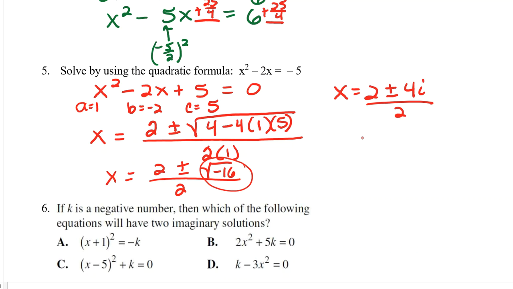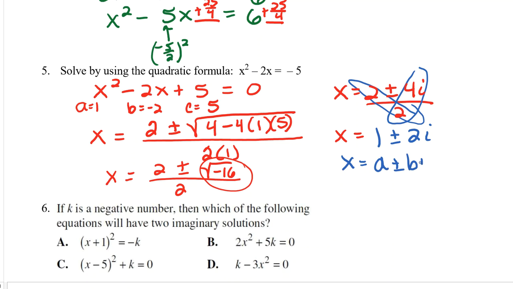And then I would like you to separate the real and the imaginary part. So I would like you to take 2 divided by 2 to get a 1, and then 4i divided by 2 to get a plus or minus 2i. So remember, in standard form, a complex number was a plus or minus bi, and that's why I would prefer that you split that up.